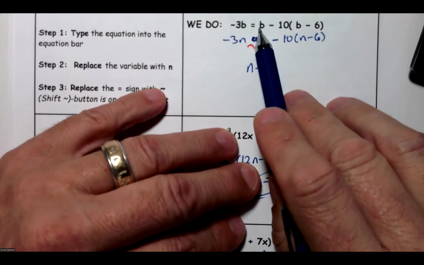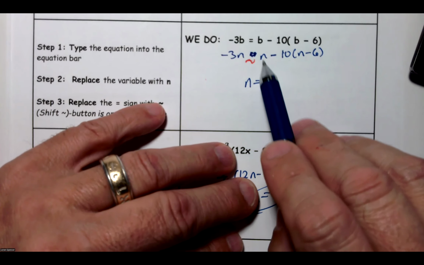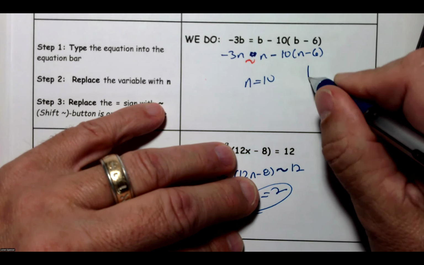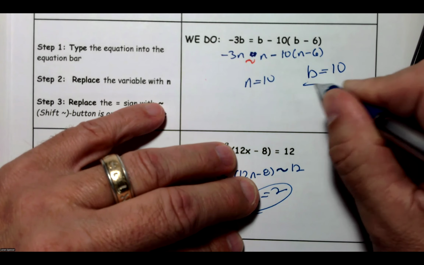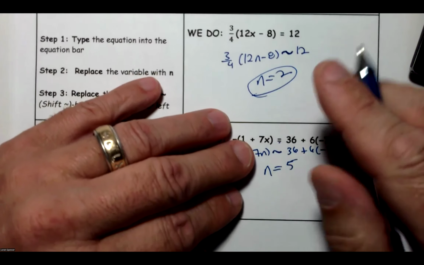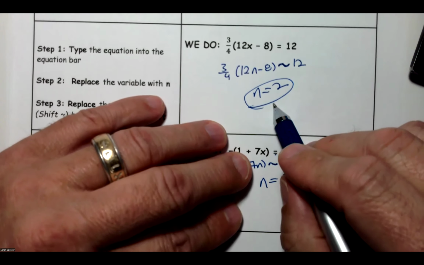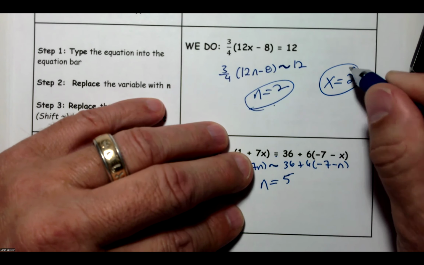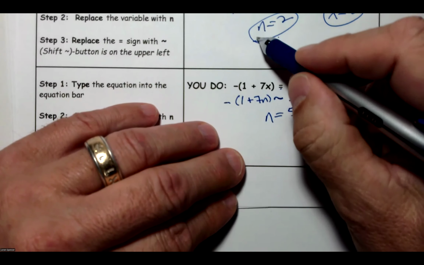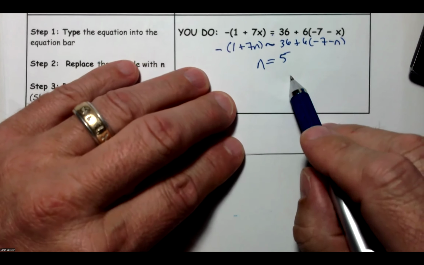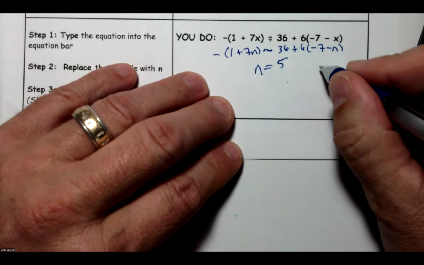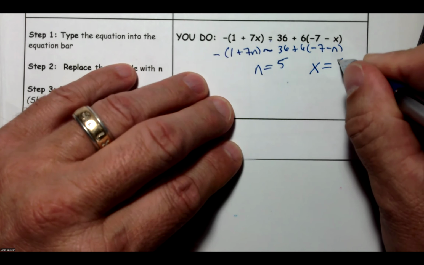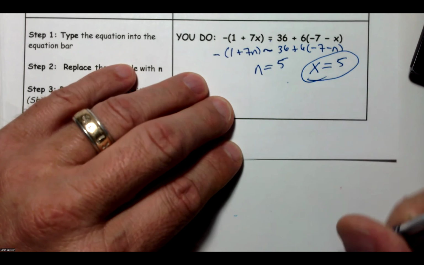Over here, the next one, it says n equals 10, but we're really working with b, so I should have b equals 10. Then over here, I had n equals 2, but we really should have x equals 2, not n equals 2. And then over here on the last one, we have n equals 5, and we really should have x equals 5. Okay?